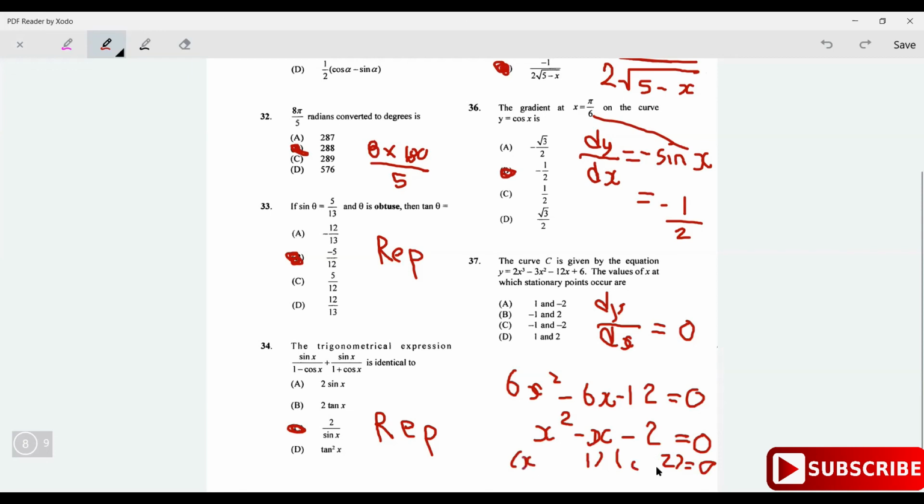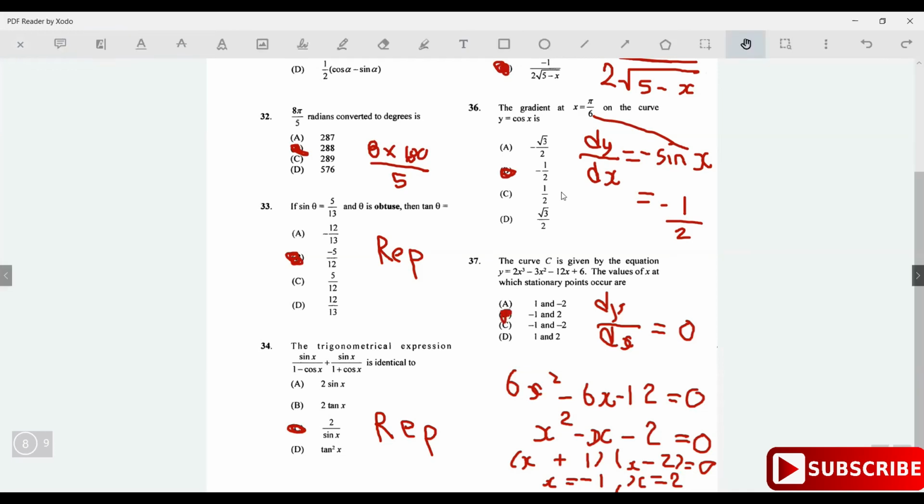Signs are different and the greater product is negative, so that's minus, and this is plus. So what you're getting is x equal negative 1 and x equal 2. Option B. All right.